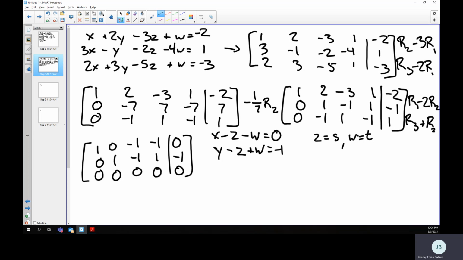If we pick any two values, s and t, then x equals s plus t, y equals s minus t minus 1, z equals s, and w equals t. So we can easily find solutions to the system of these four values.